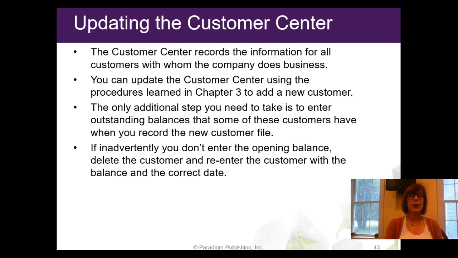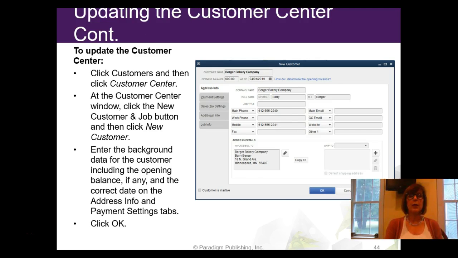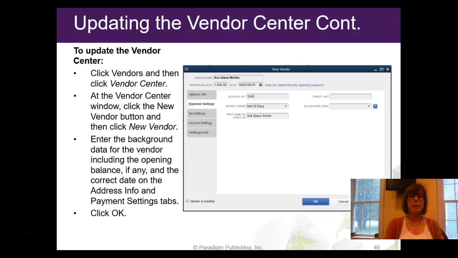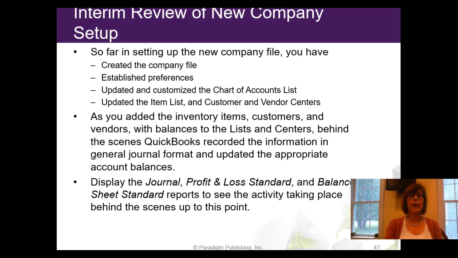So updating the customer center, again, this is something we reviewed in chapter 3, so I won't spend a lot of time. Same thing with the vendor center, which we did in chapter 2. We want to do an interim report.